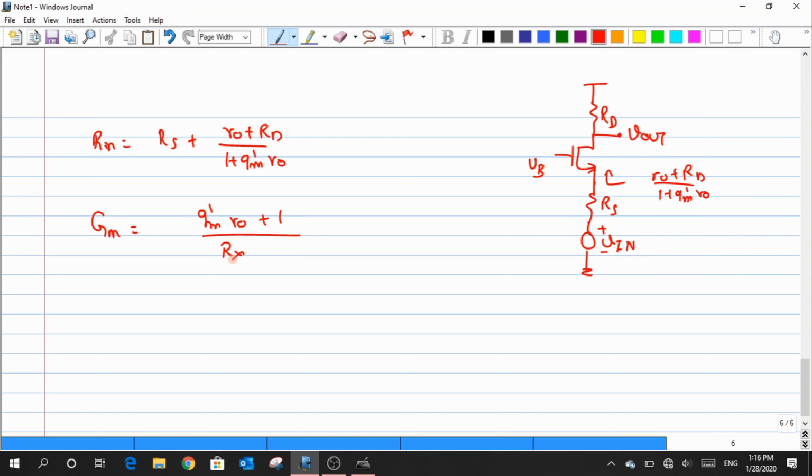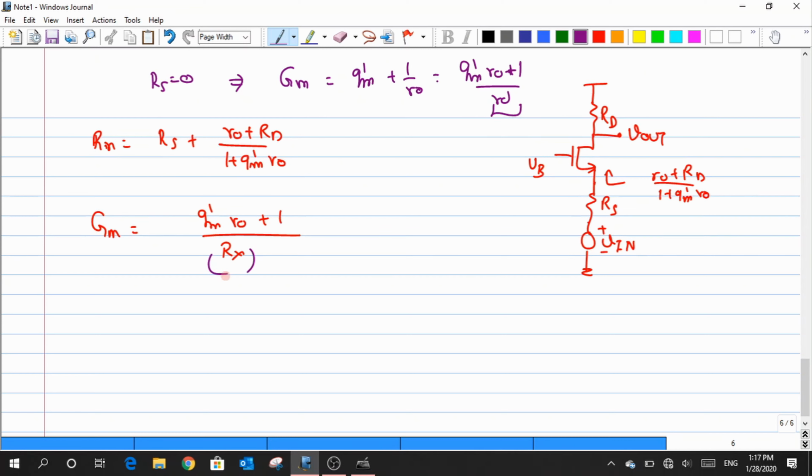If you compare the same value where Rs is equal to 0, we had this GM defined as GM prime plus 1 by R naught, which can also be written as GM prime R naught plus 1 divided by R naught. So right now only this bottom part R naught is being replaced with Rx.